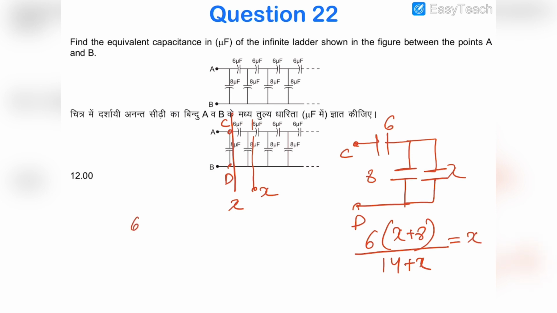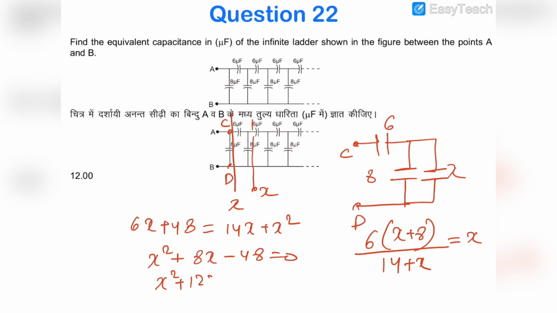So 6X plus 48 is equal to 14X plus X square. So X square plus 8X minus 48 is equal to 0. And you can see that X square plus 12X minus 4X minus 48 is equal to 0.